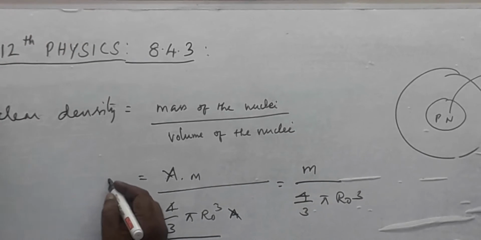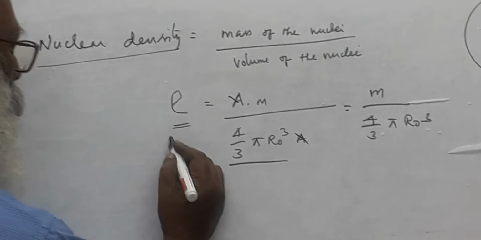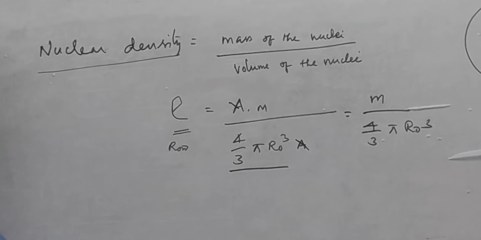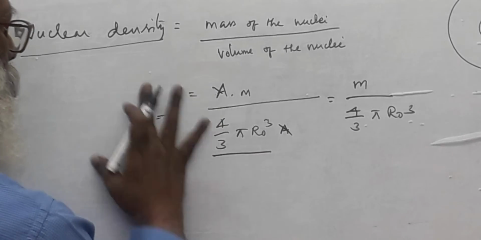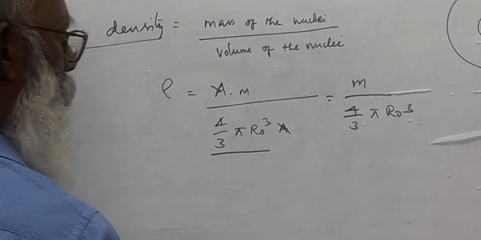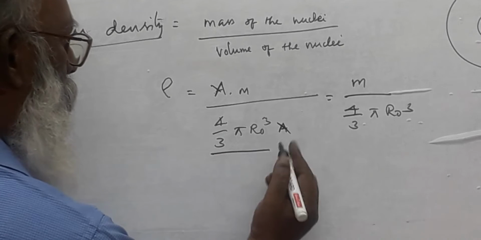Here the letter representing the nuclear density is called rho. You have to pronounce it like rho. The nuclear density is represented by rho.